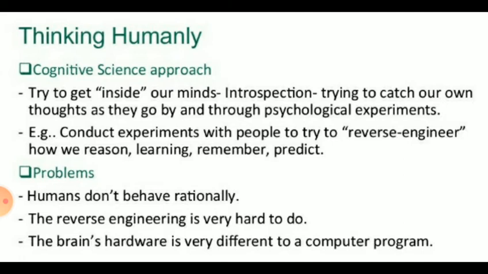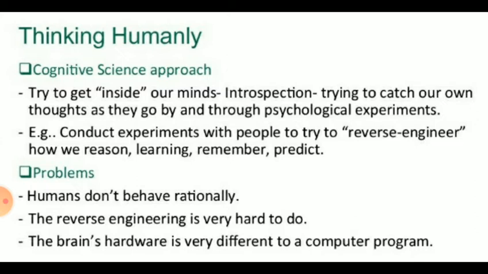Now we will see the meaning of systems that think like humans, that is, thinking humanly. This represents the exciting new effort to make computers think: machines with minds in the full and literal sense. If we say a given program thinks like a human, then we must have some way of determining how humans think.